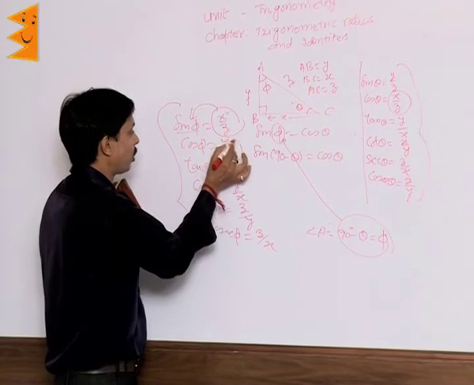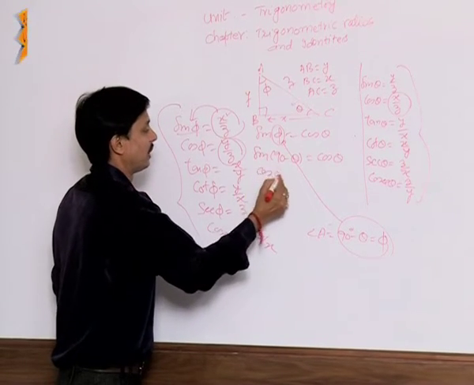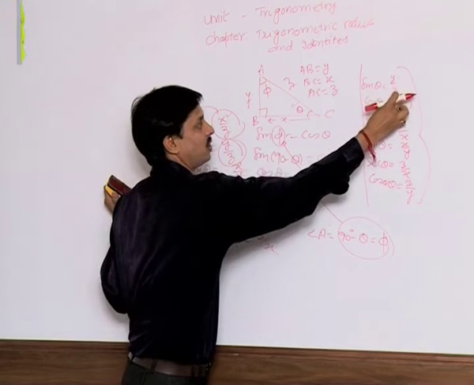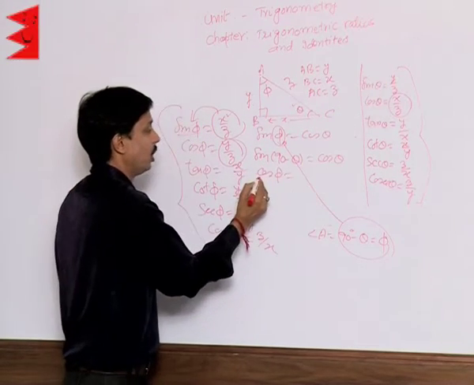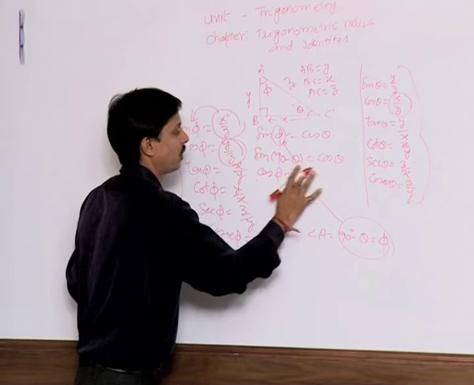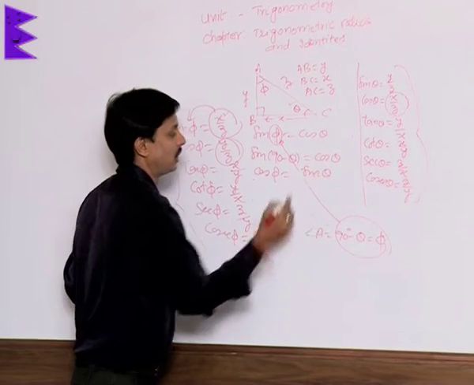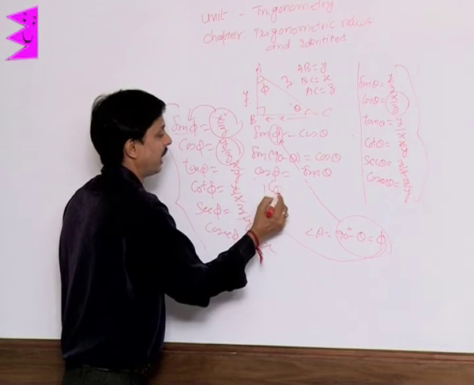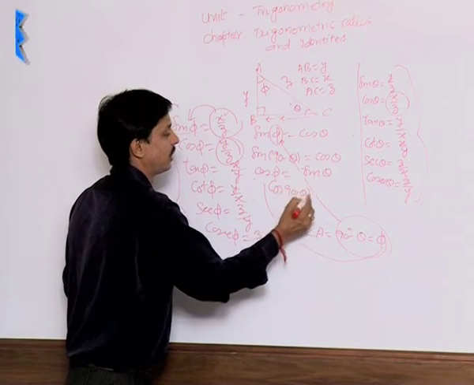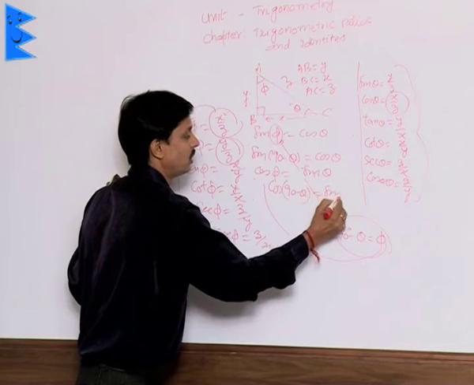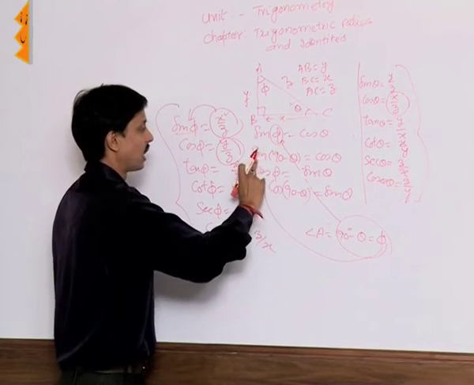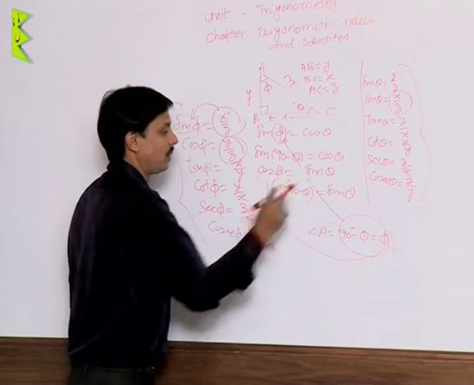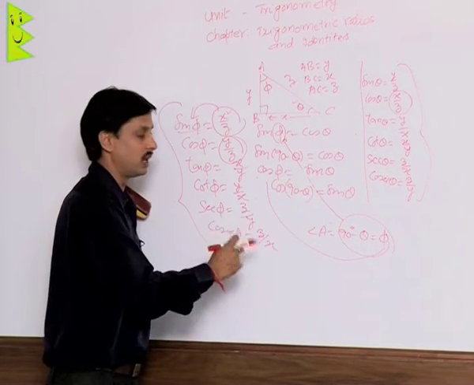Now cos phi is y upon z, and y upon z is sin theta. So cos phi is sin theta. Again putting the value of phi, we get cos of 90 minus theta is equal to sin theta. So sin 90 minus theta is cos theta and cos 90 minus theta is sin theta.